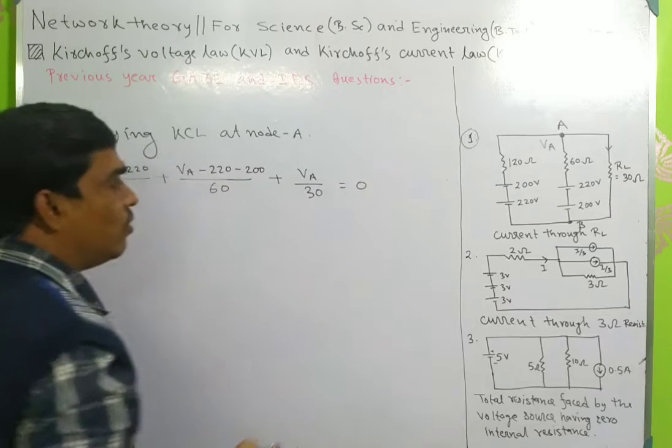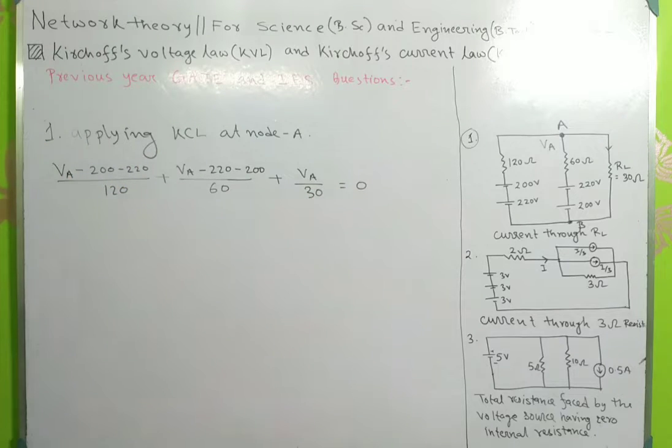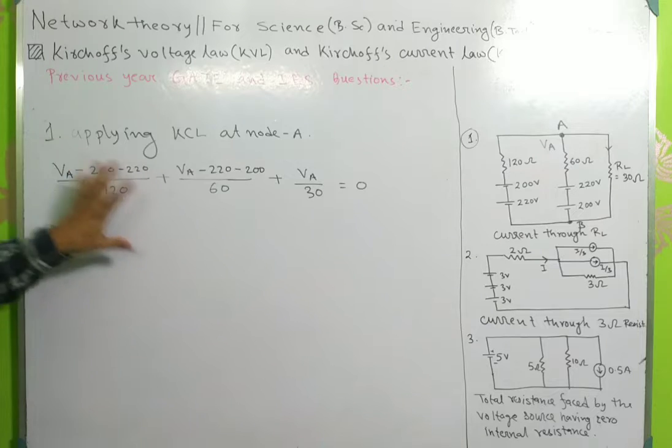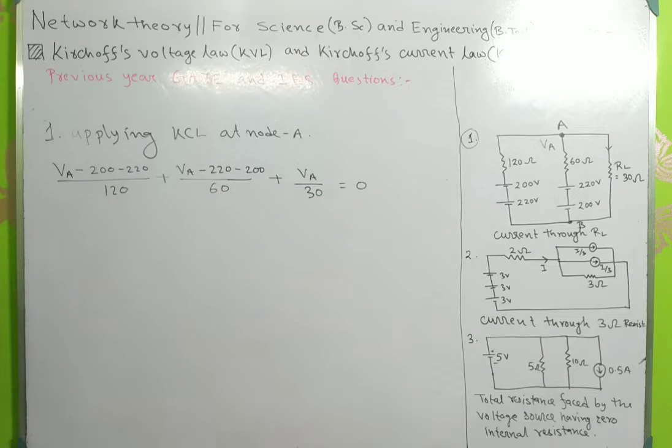It will be 0. This is the KCL equation of node A.